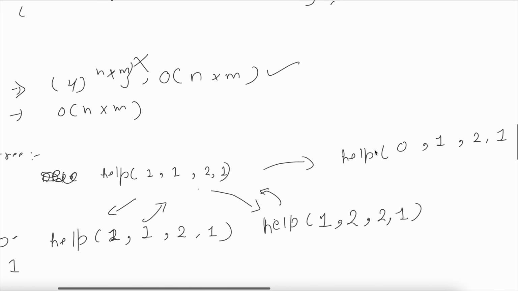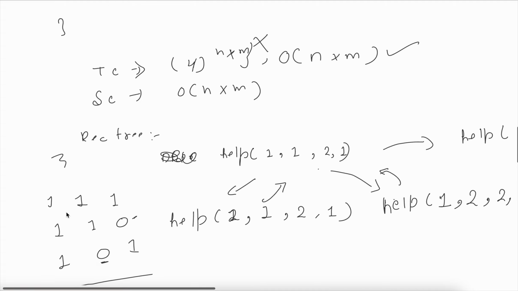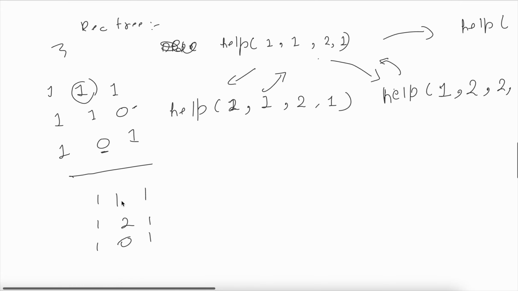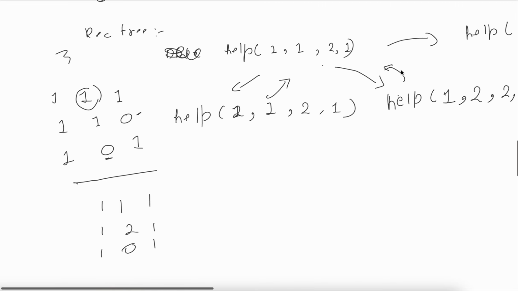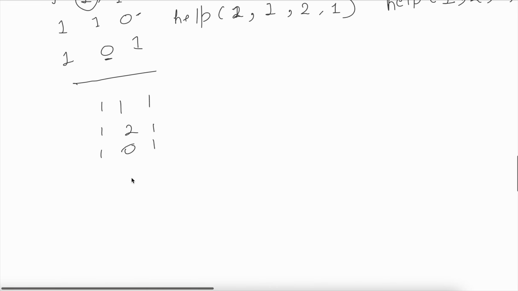Okay, what is the color of 0 1? Color of 0 1 is 1. Okay, 1 is not equal to 1, it is false, so if we want to return from here, we will update the color. Okay, now we will update the color.